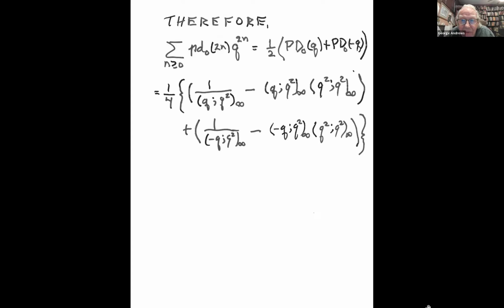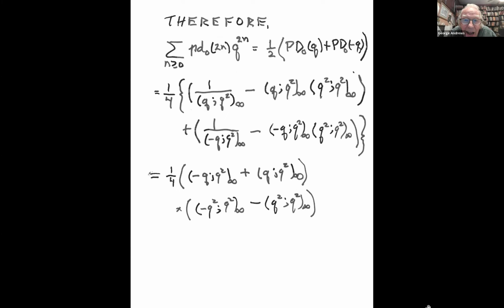And I carried out fully to get the even terms. I have one half of PDO of q plus PDO of minus q. So I have to put all this stuff together. Then I just do manipulations of the infinite products to get this set of factors.